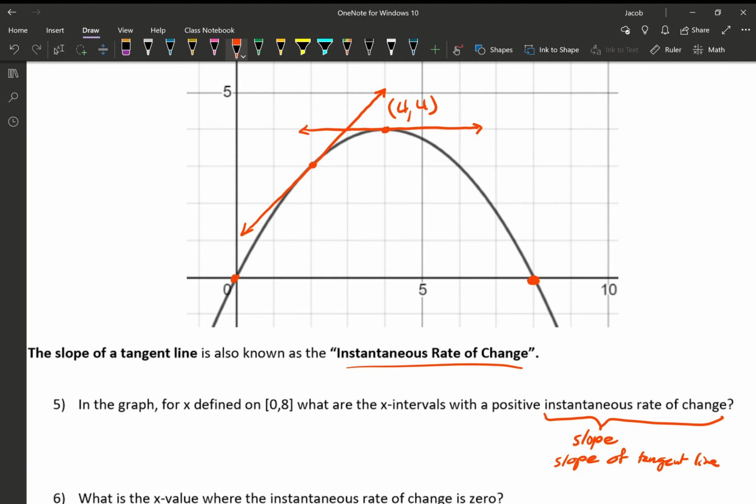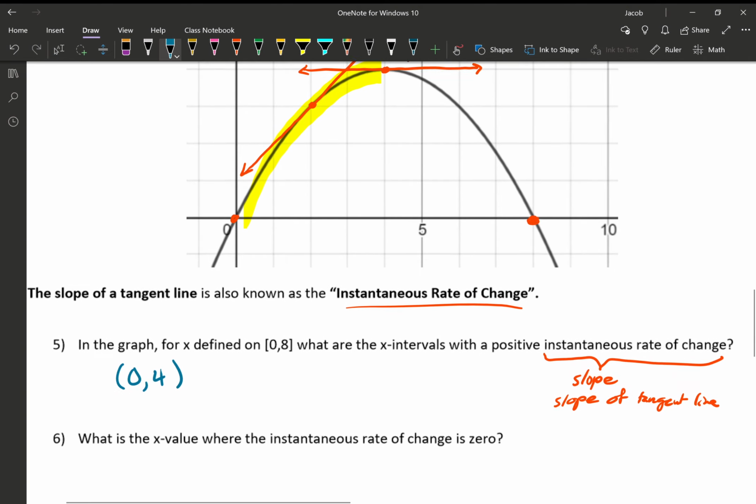So all of the slopes on the left side of that vertex have a positive instantaneous rate of change. So we would say that the slopes we can reference are from 0 to 4 that have a positive instantaneous rate of change. And that's interval notation again.